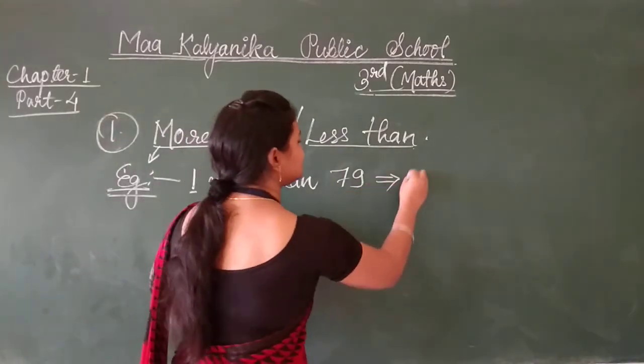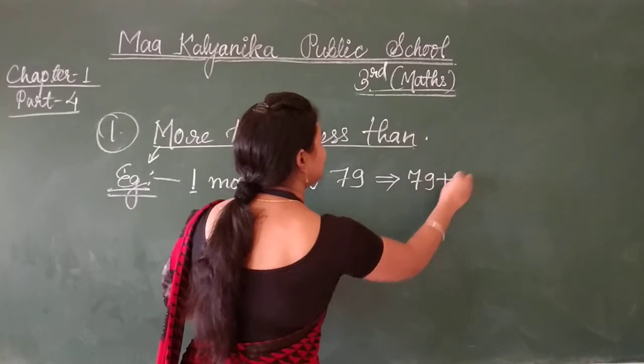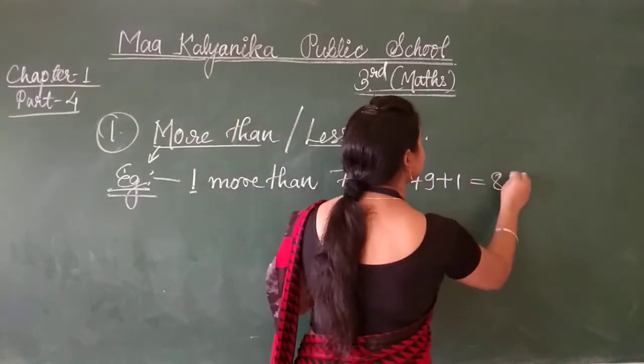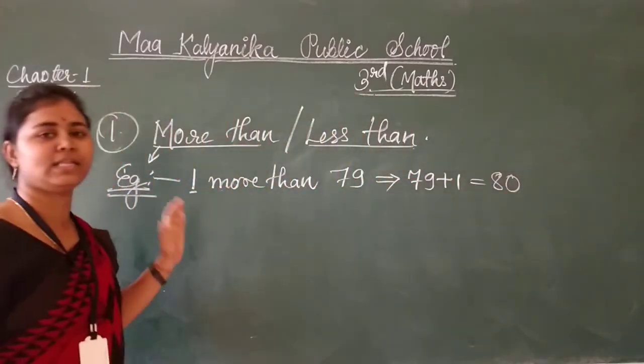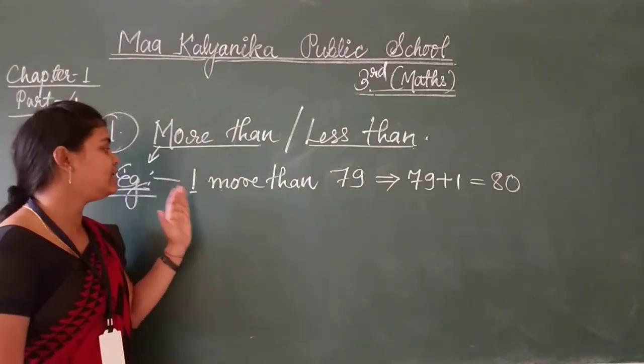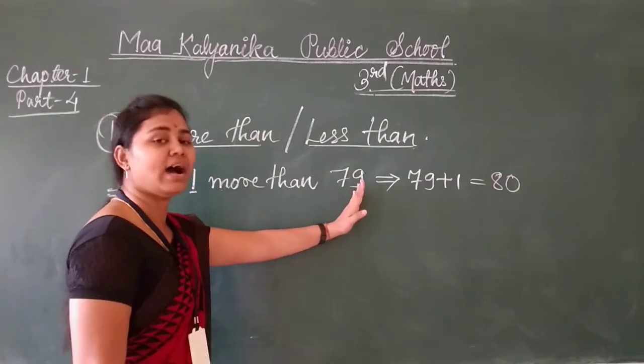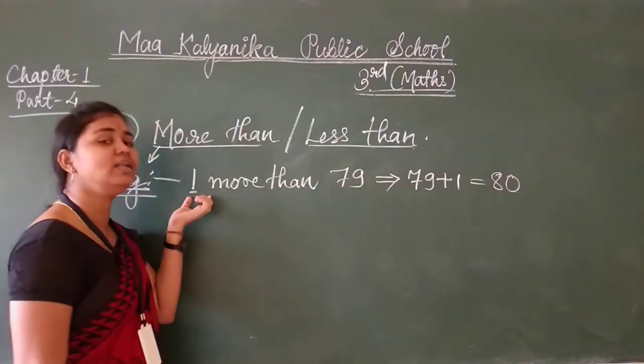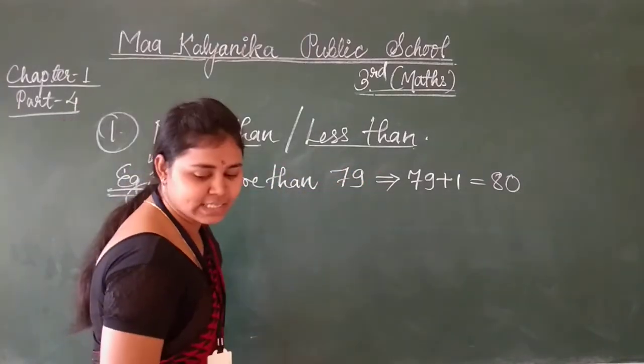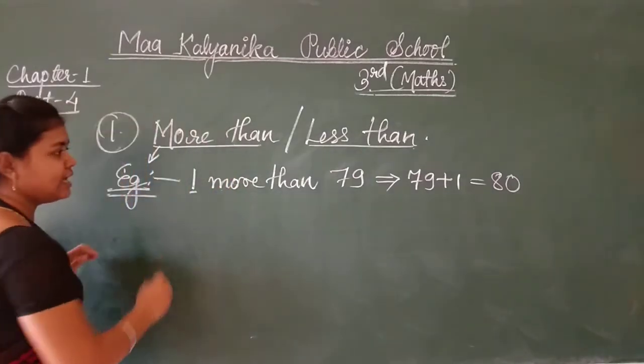So this is 79 plus 1, the answer is 80. Simply in this way you can find the number, 1 more than 79. More than what? 79. After 79 you have to add 1 more, that is 80. 79 plus 1 is 80.